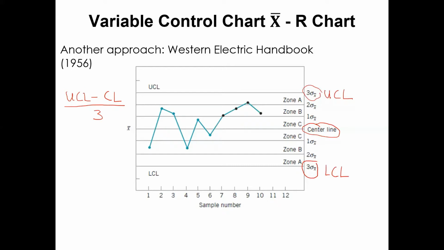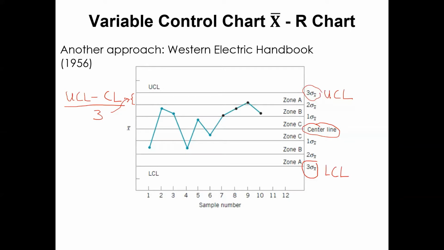By doing this simple calculation, I will be able to identify the distance between the 2 sigma and 3 sigma lines, the 1 sigma and 2 sigma lines, as well as the center line and 1 sigma line.